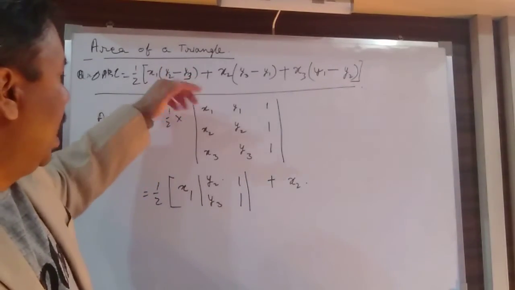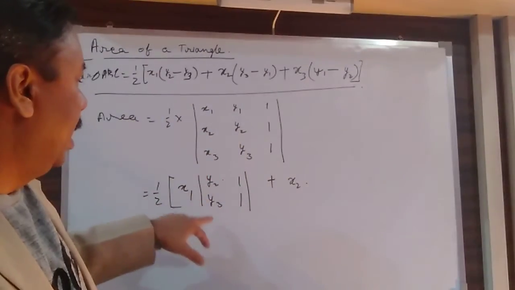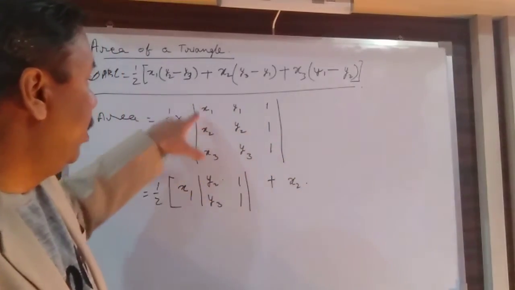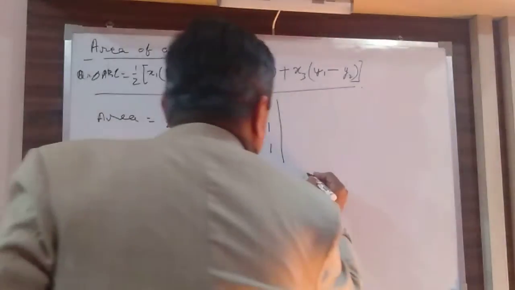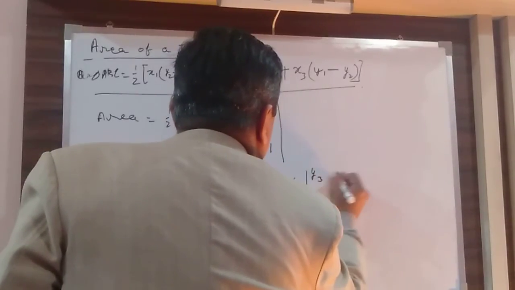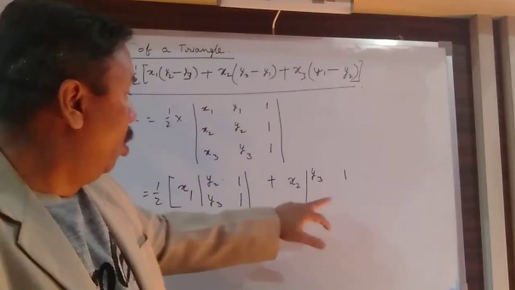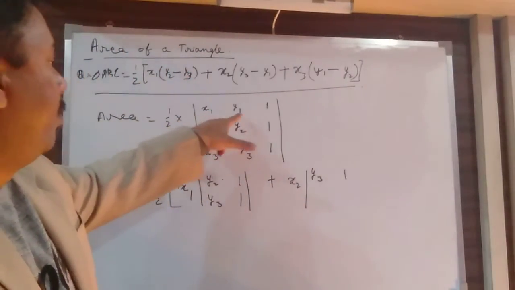I started with x1, so I took y2, y3 like this. Now x2, so I will leave this row and this column. Now lower to x2 is y2, y3, 1. Now finished. I want one more row, so I will start from the upper side once again. So y1, 1.